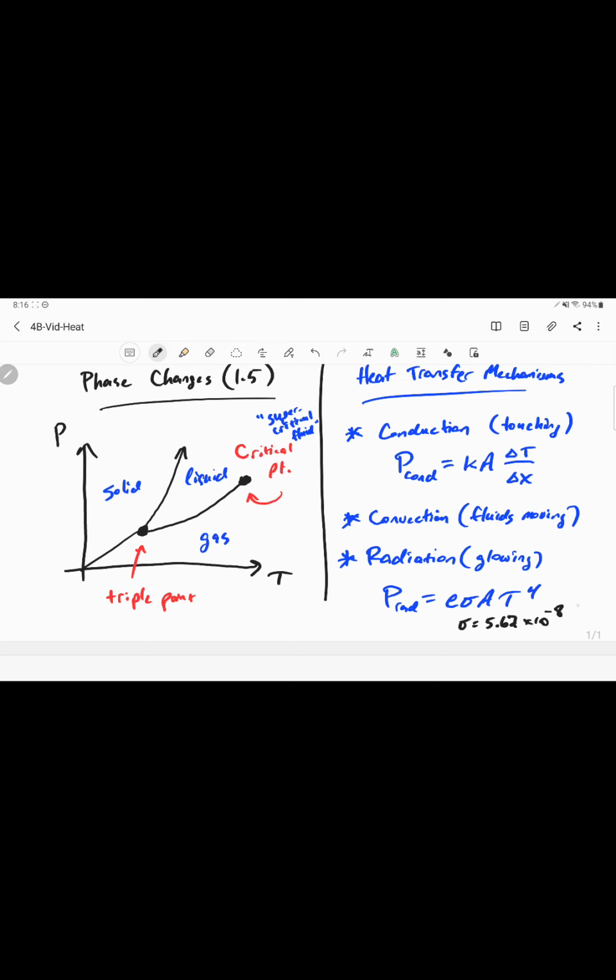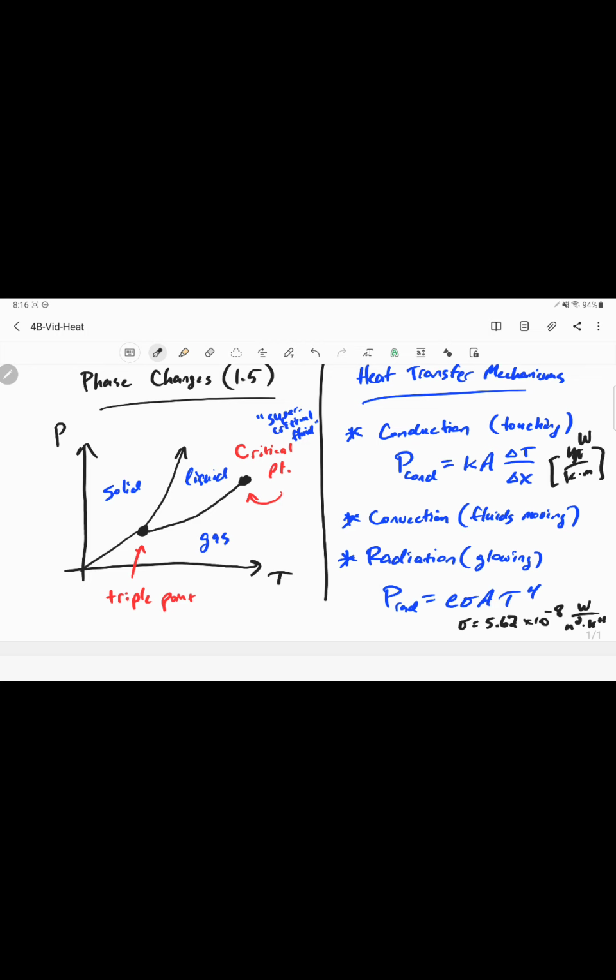And then the units have to work out so that you're left off with, oh shoot, up here I said joules per Kelvin meters. This is actually watts. The P is a watt for conduction up here. Sorry about that. And then this one is watts per, let's see, we need to cancel out the meters squared from the area and then Kelvin to the fourth.